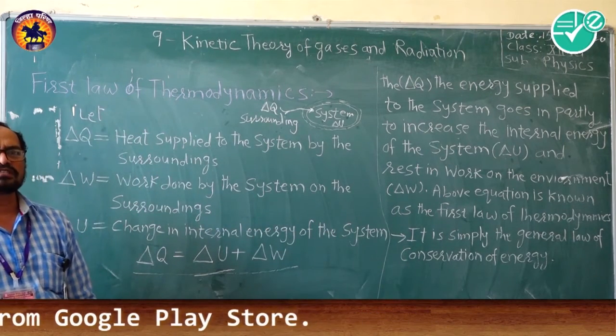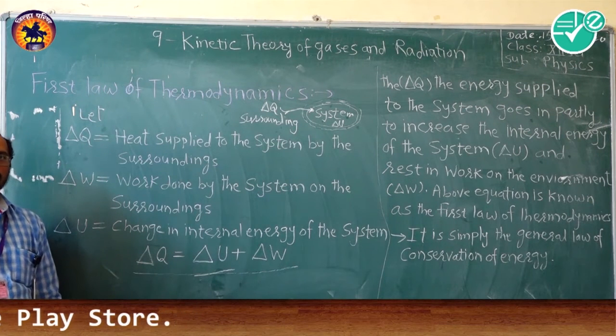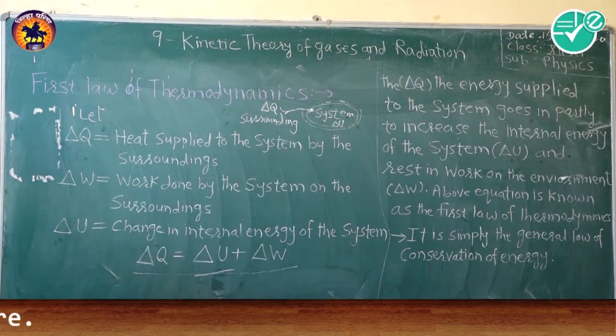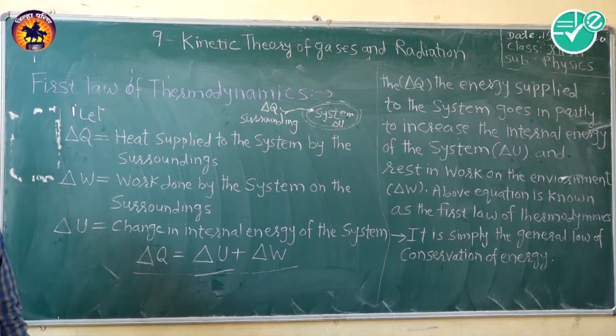You know the law of conservation of energy, in which energy can be neither created nor destroyed, but it can be transferred from one mode to another mode, or from one type of energy to another type of energy.